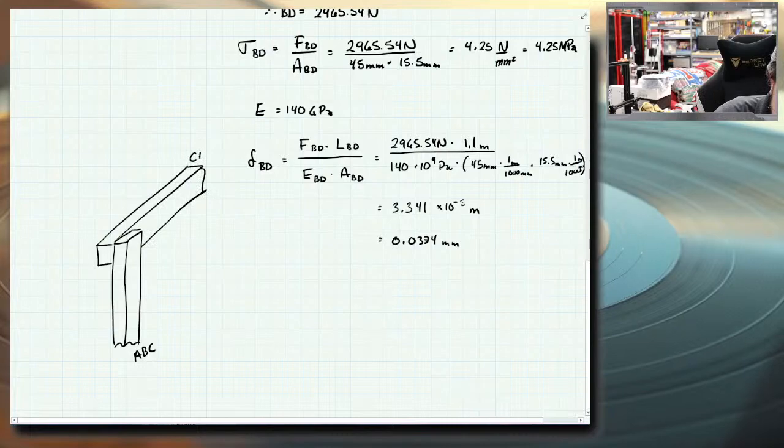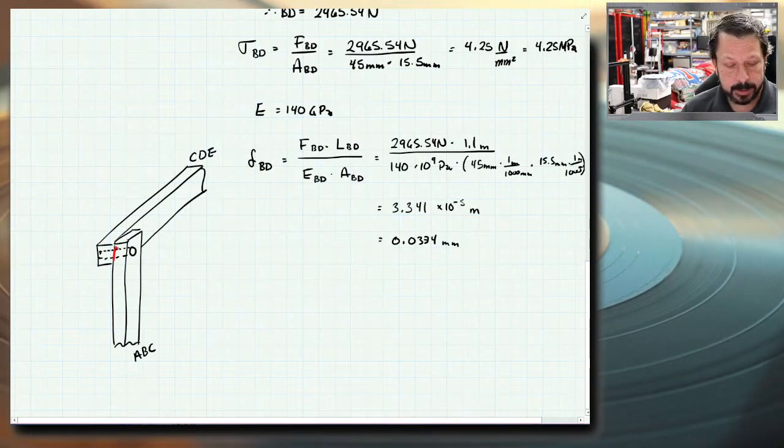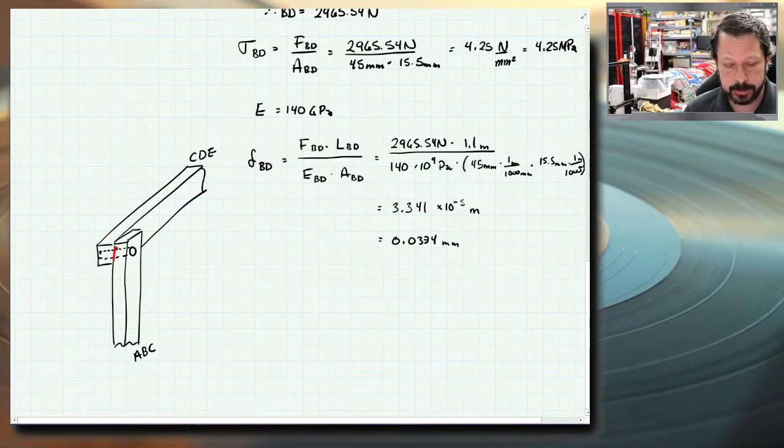That pin at C is right here, or bolt, or whatever you want to imagine it being. For this to come apart, it only has to shear in a single place right there. That's single shear. You can have cases of double shear where the pin would have to shear more than one time for the parts to come apart.